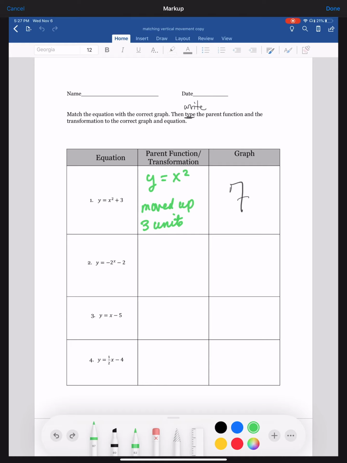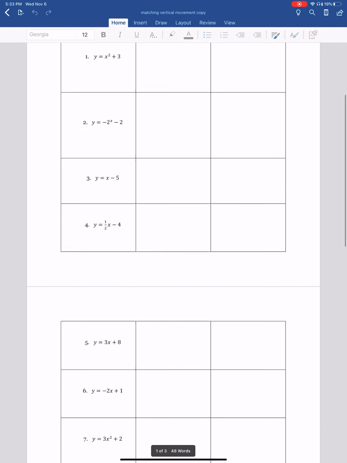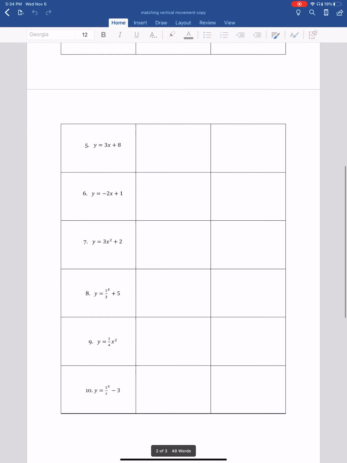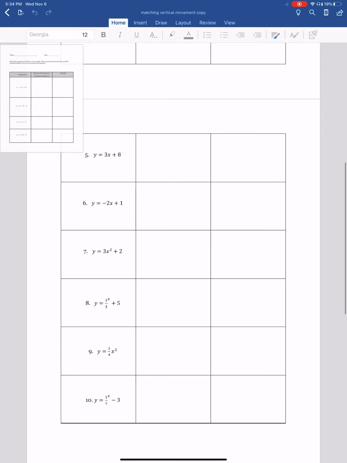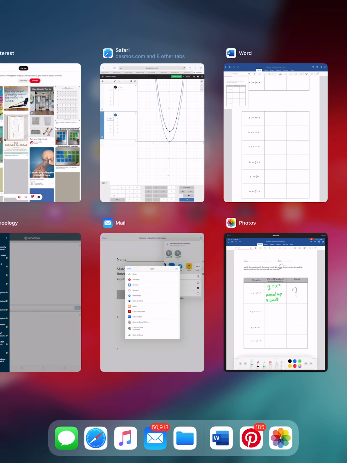So let me skip to look at the worksheet. I want to look at number 8. So we have y equals 1/3 to the x power plus 5.